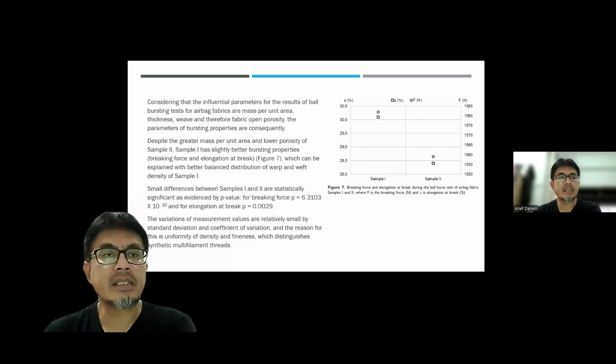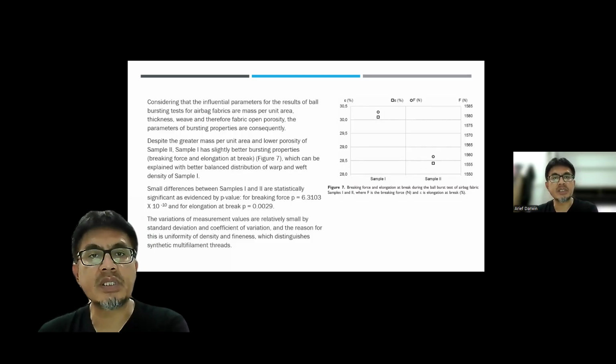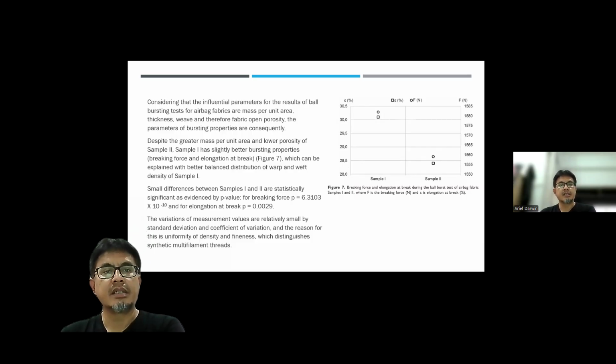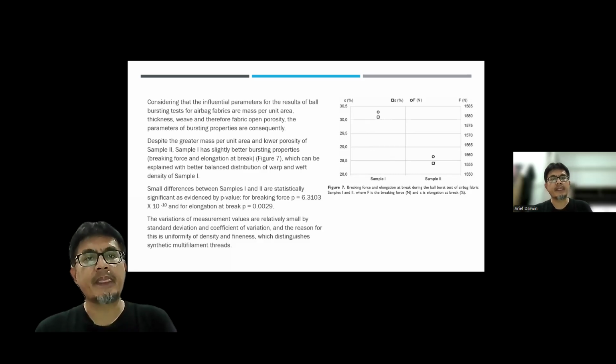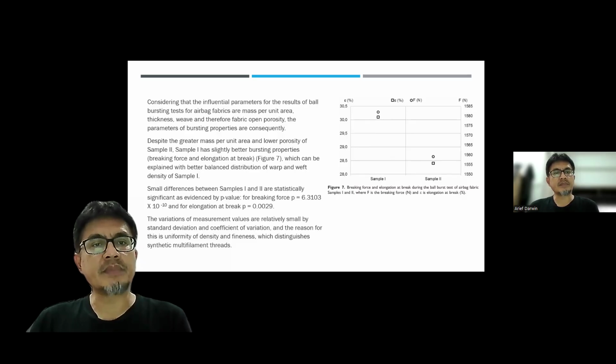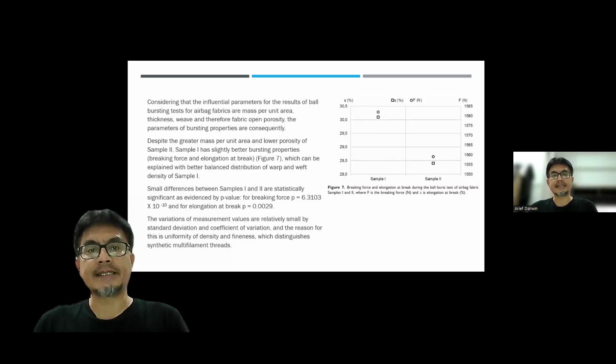So, considering that the influential parameters for the result of a ball bursting test for the airbag fabric are mass per unit area, thickness, width, and therefore the fabric open porosity, the bursting parameters follow consequently.